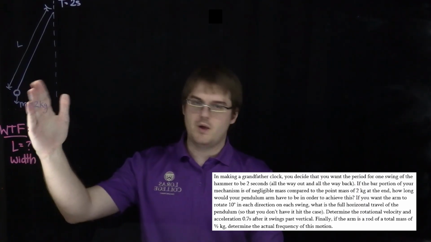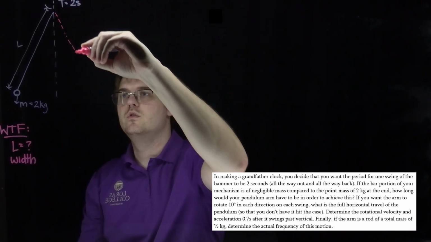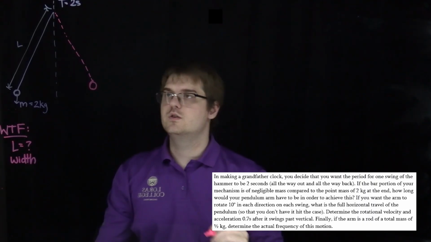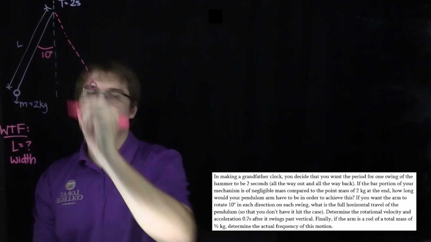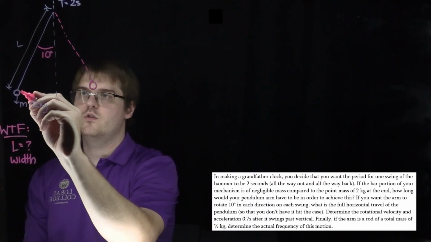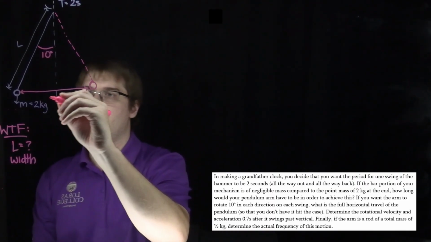So as our pendulum swings, it's going to go from one side all the way over to the other. And we are told that we want this swing to start at 10 degrees, meaning that it's going to end at 10 degrees. And that is going to result in some distance here. So this is our width.